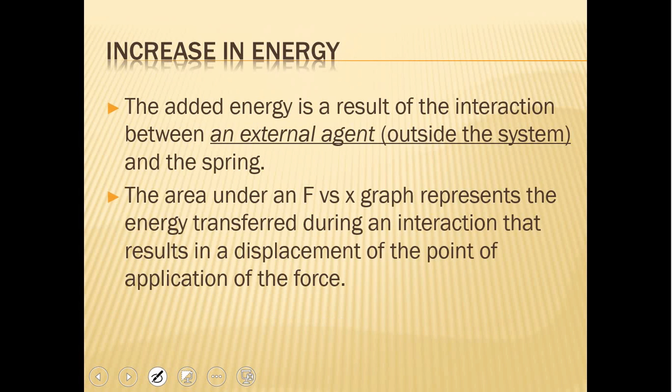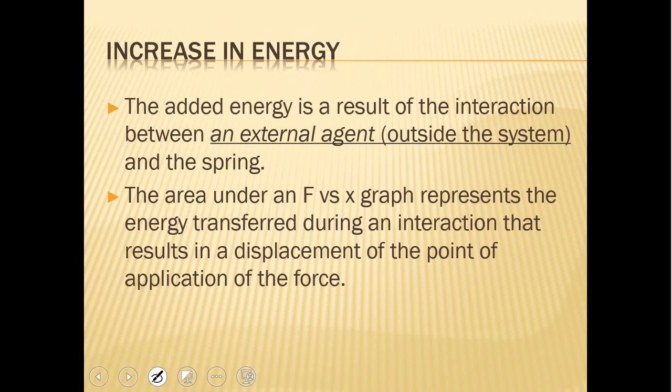So if we go to our next slide, the added energy in our spring system as we stretch it out is a result of an interaction between an external agent, outside the system, and the spring. The area under the F versus x graph represents the energy transfer during an interaction that results in the displacement of the point as a result of that force.